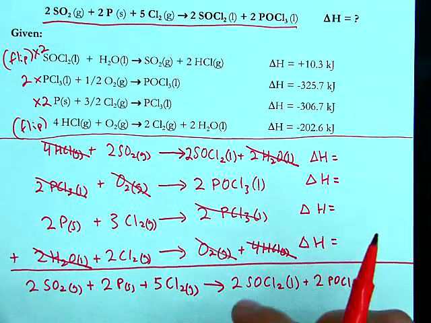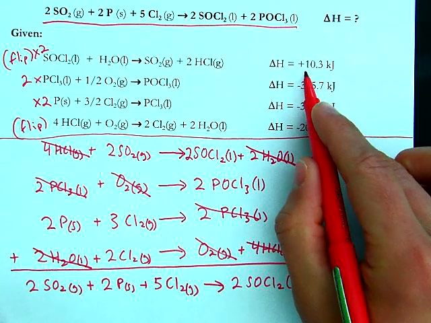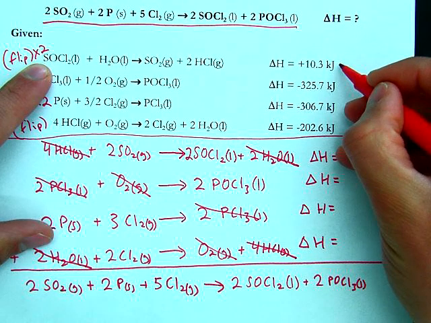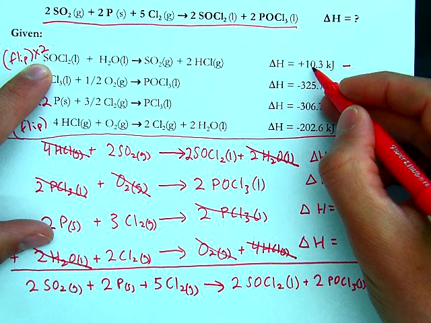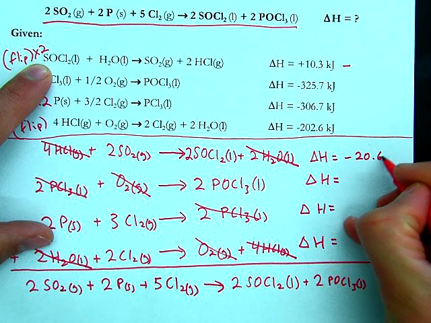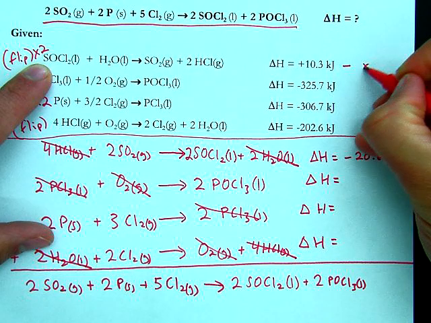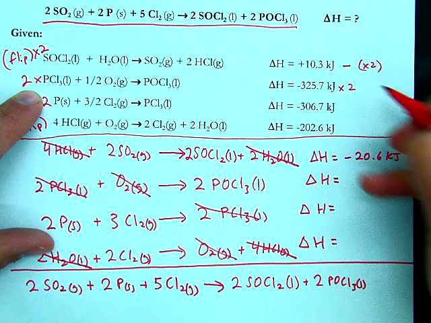So, if I'm flipping this first equation, this is going to become a negative. And if it's times 2, right? So this is going to become a negative, and it's going to be times 2, so that would be 20.6. So negative 20.6 kilojoules, right? Negative and times 2. This one is just getting times 2.